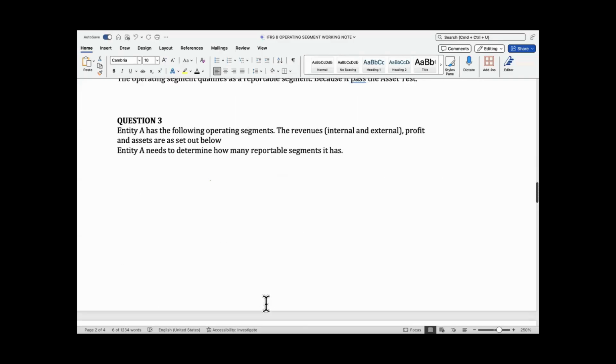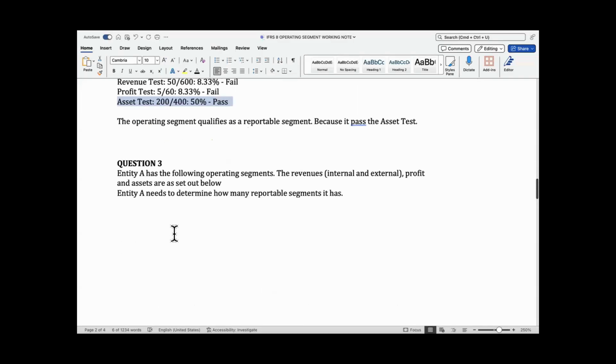Another one. Let me push. This says that entity A has the following operating segments. And it says the revenue, internal and external, profit and assets are set out below.